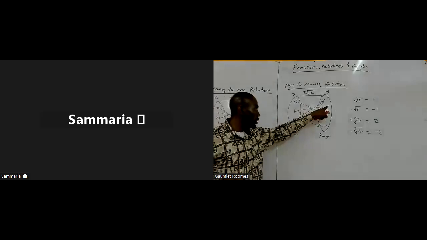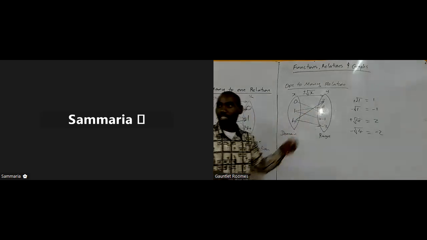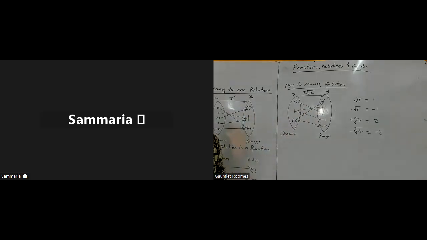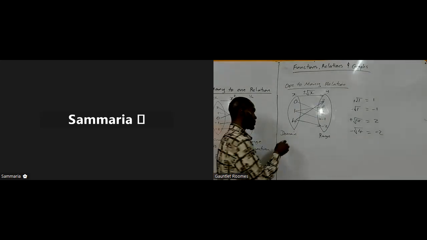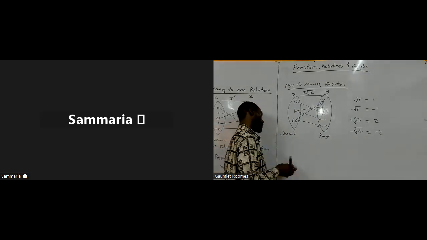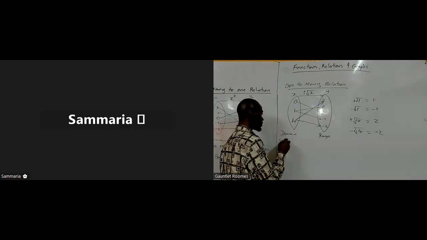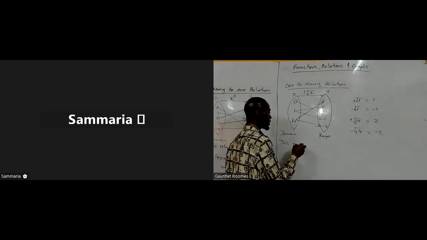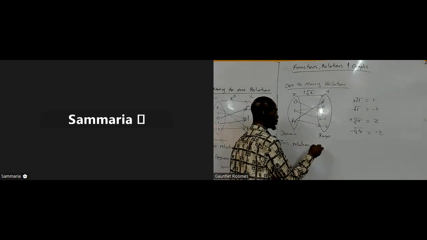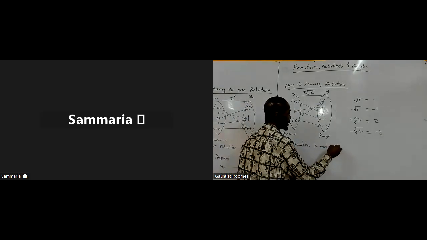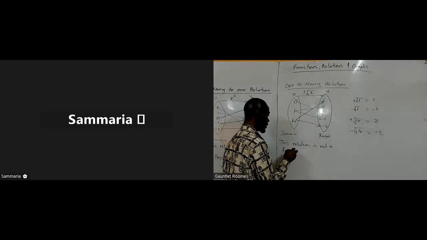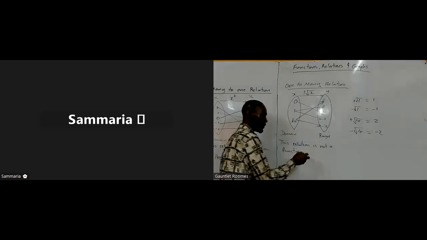This maps onto 1 and it maps onto negative 1, and that would go against the rule of what a function should be. So this relation is not a function. We can conclude that this relation is not a function.